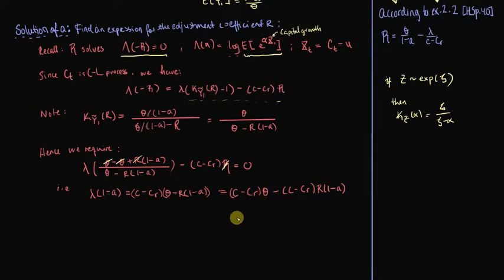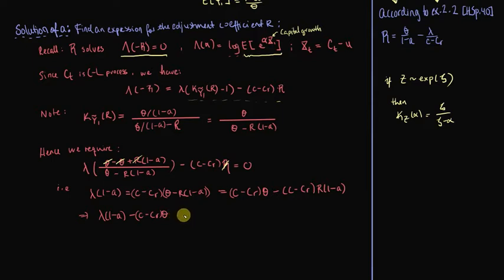Then we move the c minus cr theta to the other side. And we then have c minus cr multiplied by r multiplied by 1 minus a, with a minus on the right hand side.